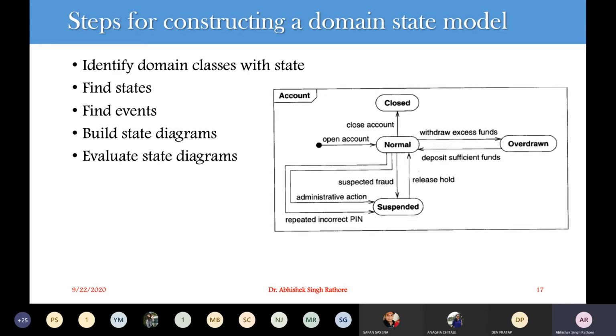So we are not going for these quantitative values, whether 1 lakh rupees, 1 crore rupees or 1000 rupees. We have to go for the behavioral states or behavioral path. So what is the behavior of this account? This account may be normal, closed, overdrawn or suspended. So we have to focus on behavior while finding your states.